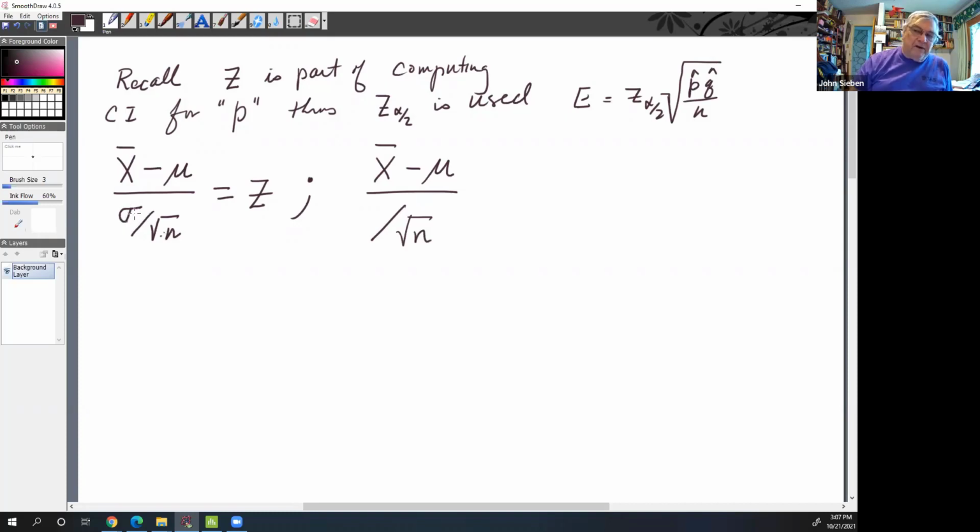Well, a sensible thing to do would be to calculate the sample standard deviation, which we called S, and substitute the sample standard deviation for sigma, the population standard deviation. So X bar would be an estimate of mu, S would be an estimate of sigma, P hat would be an estimate of P.